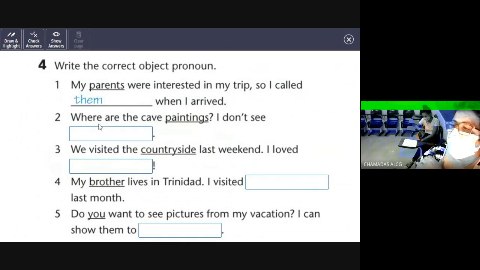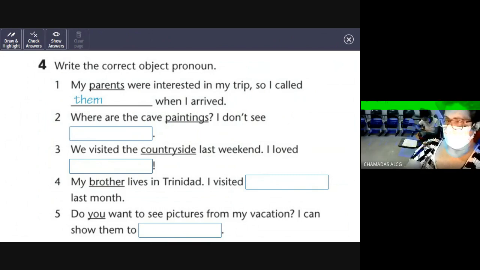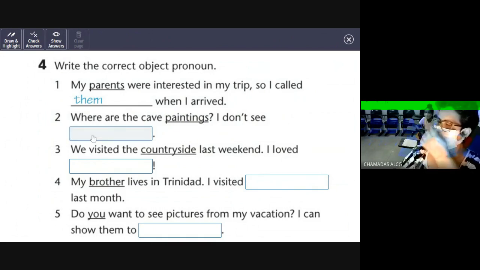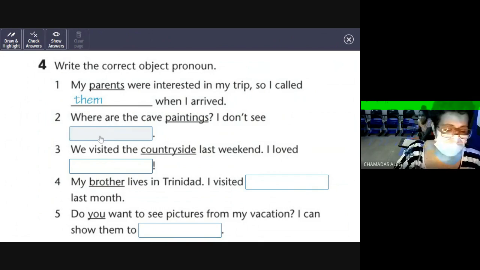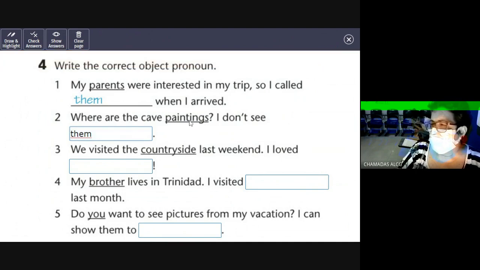Number two, where are the cave paintings? I don't see, referring to the paintings. Remember, guys, when I refer to a noun in plural, I don't see them.